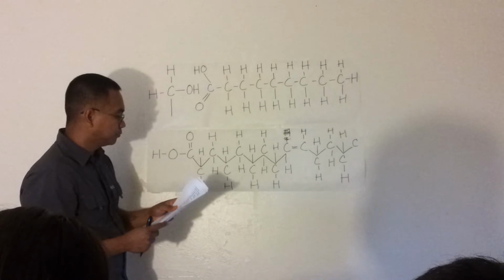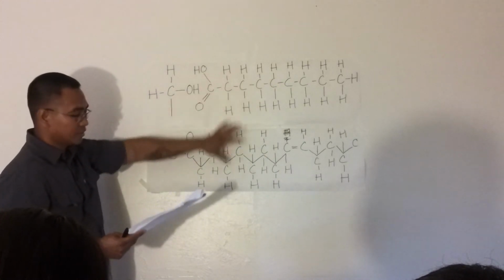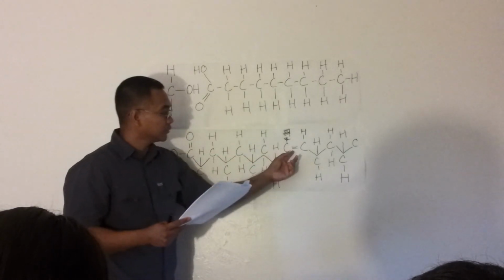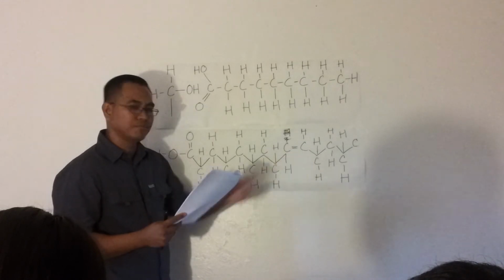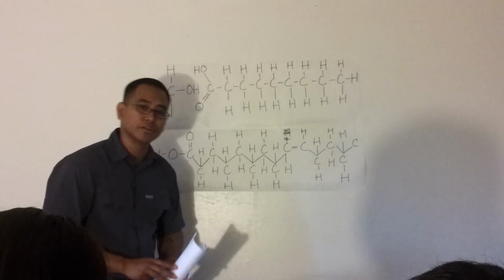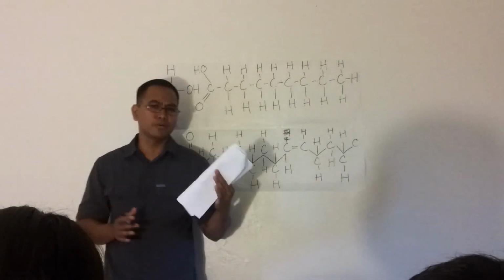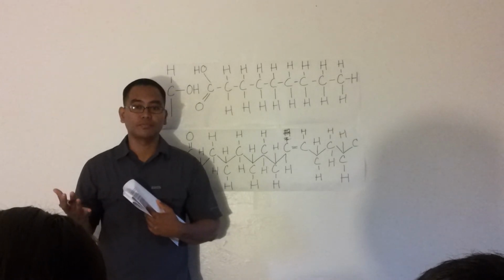So just a review, a saturated fat has a denser bond of hydrogen, and an unsaturated fat has a carbon-carbon double bond. And I know you heard of monounsaturated, polyunsaturated. Now, we know that the word mono means one, and poly means more than one, right?